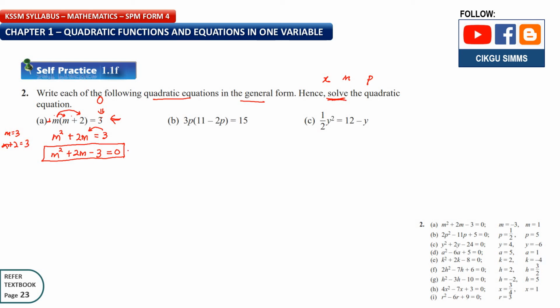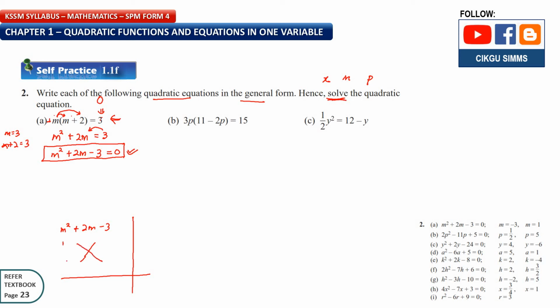So after you make it the general form, we do like usual. It's a long working. You need to make it two brackets again. So I do it faster this time.